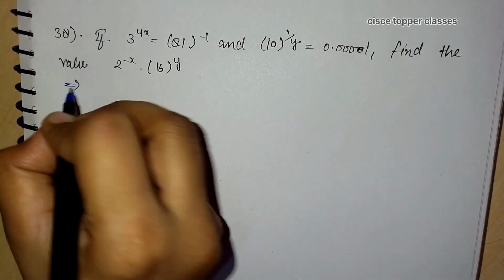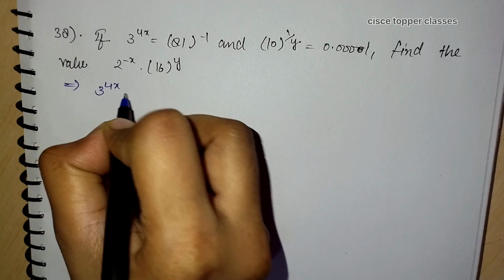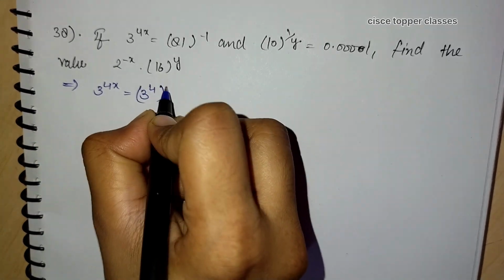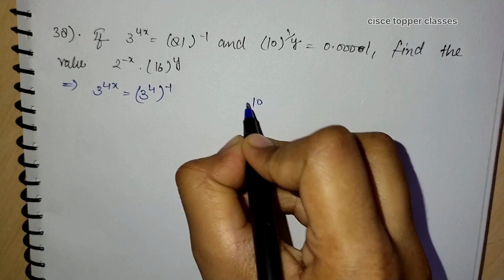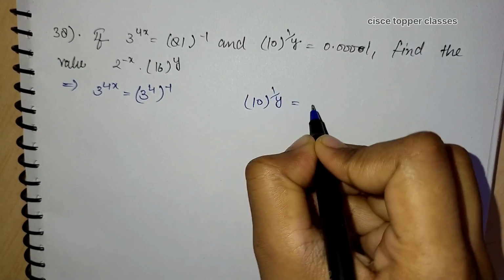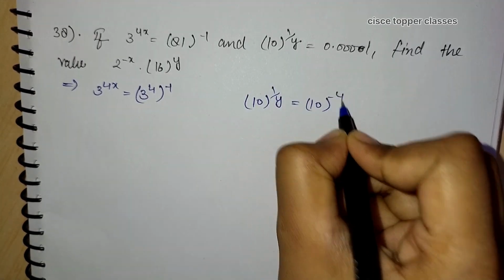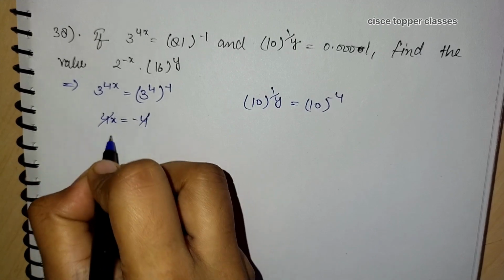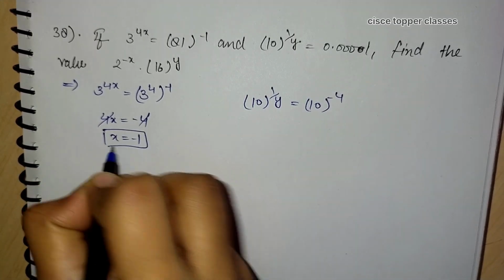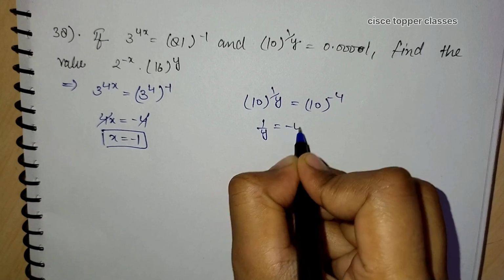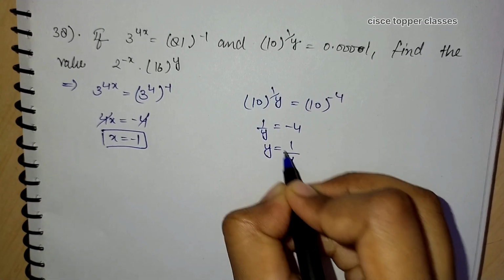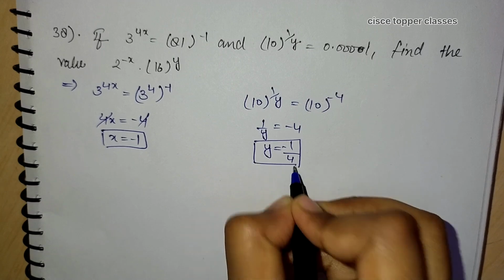Simply we can write here 3 की power 4x equal to 3 की power 4 की whole power minus 1 and here 10 की power 1 by y equal to 10 की power minus 4. So from here on comparing the powers, x की value is equal to minus 1, and here comparing the powers we will get y equal to 1 by minus 1 by 4.